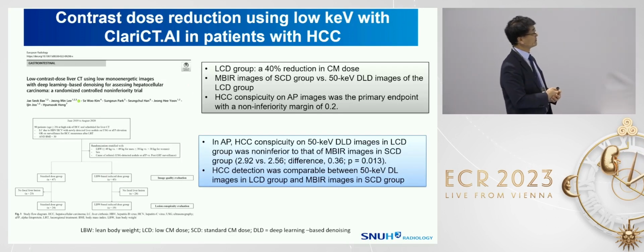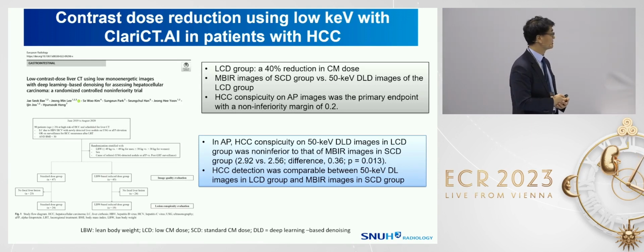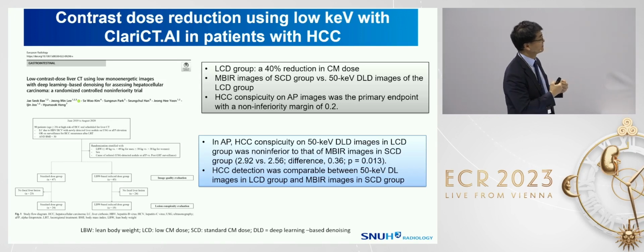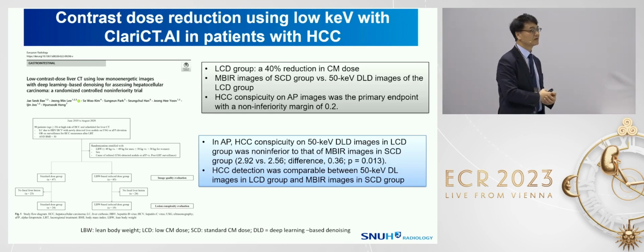And based on those two studies, we did a randomized clinical trial to see whether we can have the same result. RCT means patients are allocated into one of two groups. One group is a low contrast group using a 40% reduction of contrast dose.